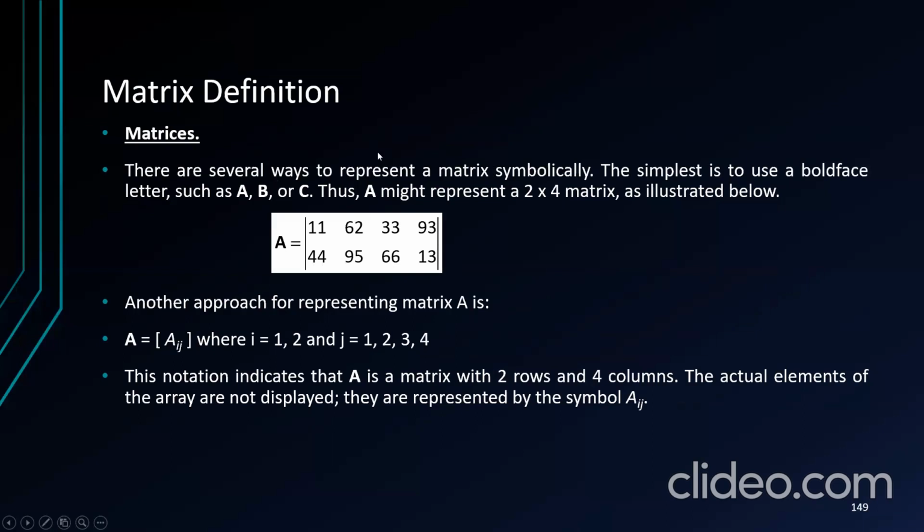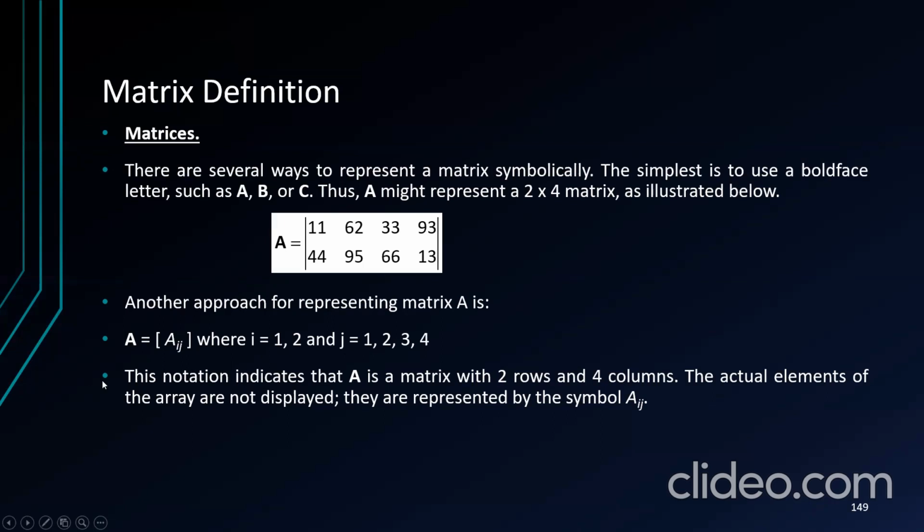Yan. So parang vectors. Another approach for representing matrix A is equal to, ito yung ibang symbol naman, A, I, J. So meron siyang bracket dito. Where I is 1, 2, and J is 1, 2, 3, 4. So this is the number of rows, 1, 2. J is the column, 1, 2, 3, 4.